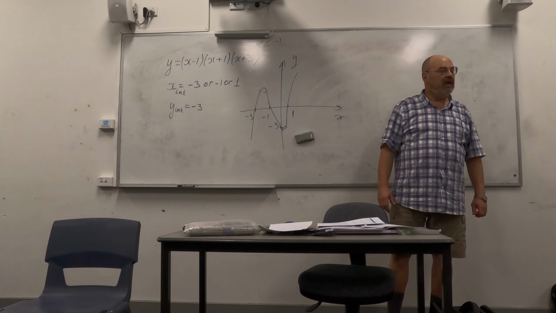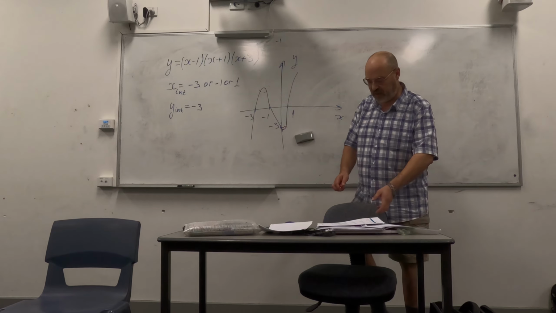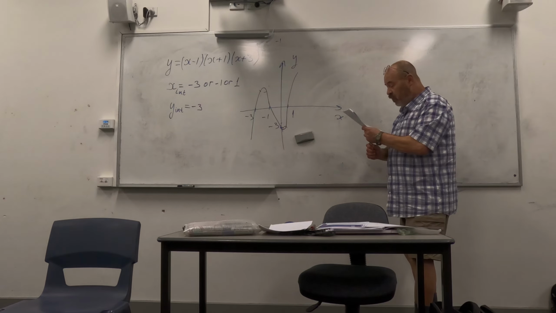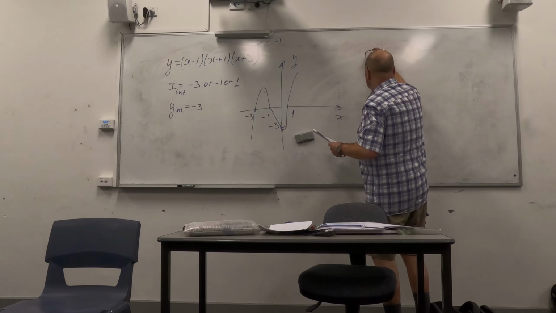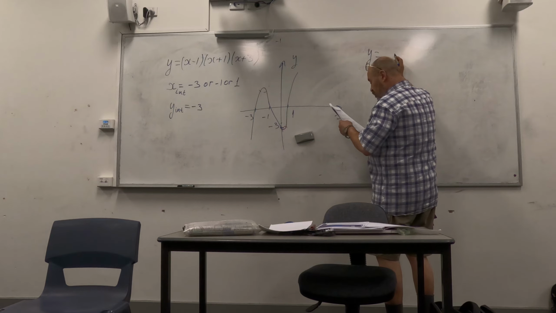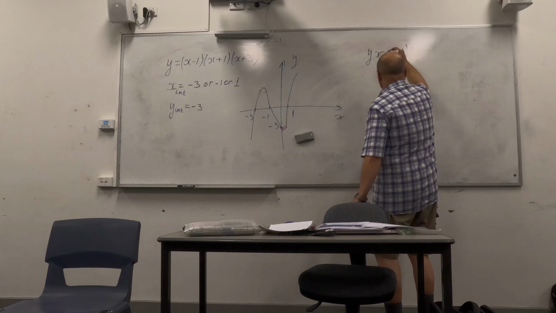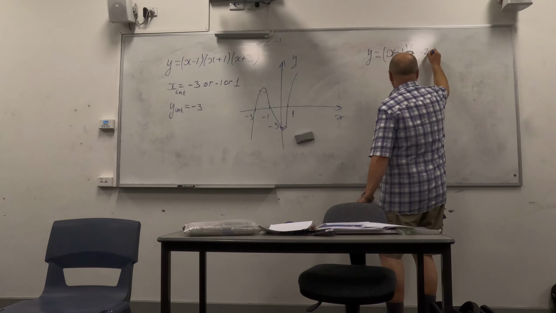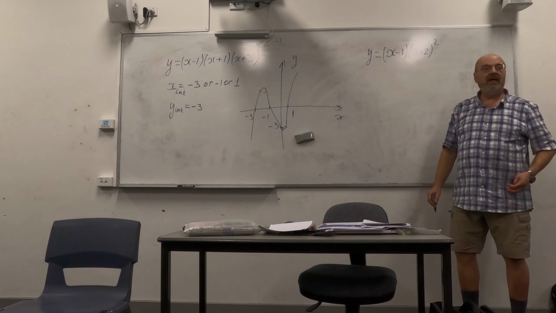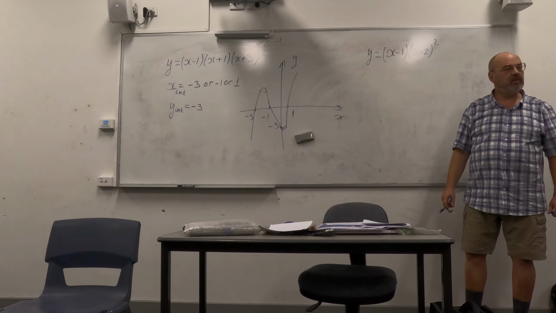Okay. If one of the factors is a repeated factor, for example, y equals (x minus 1) times (x minus 2) squared, again, how many x-intercepts will there be?